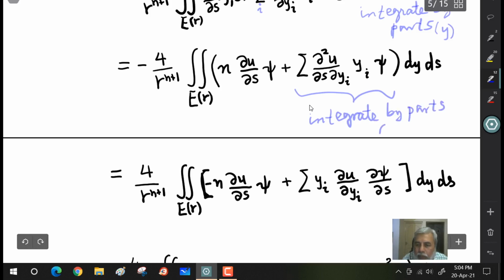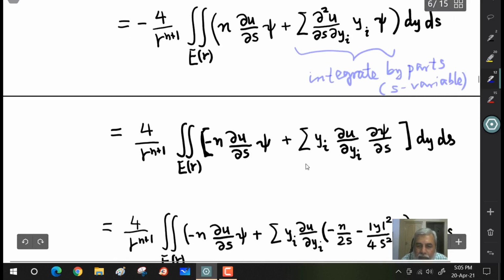Now with respect to s variable. Okay, and s variable only here, so this will remain as it is. So I want to take this s derivative to this psi variable. So y does not depend on s, so y remains as it is, and now we get del psi by del s. Just keep observing the signs.